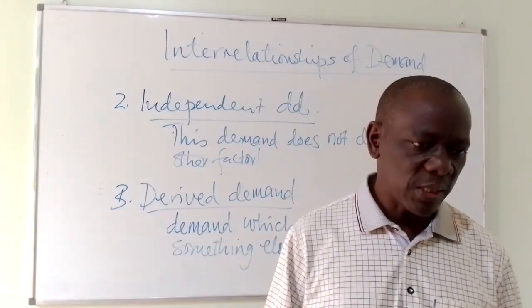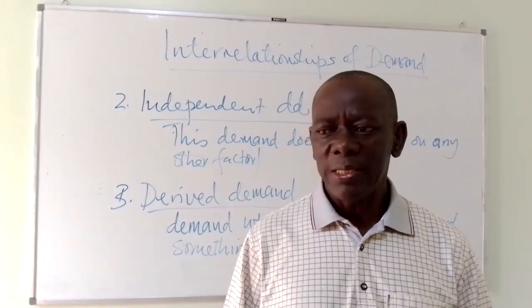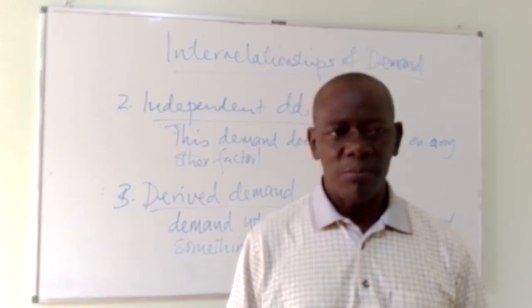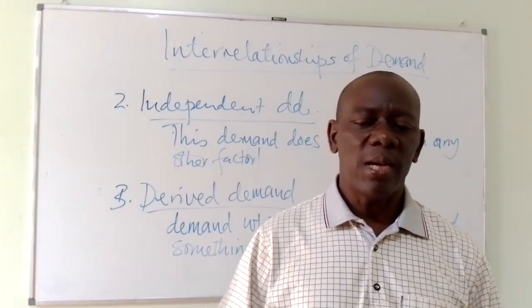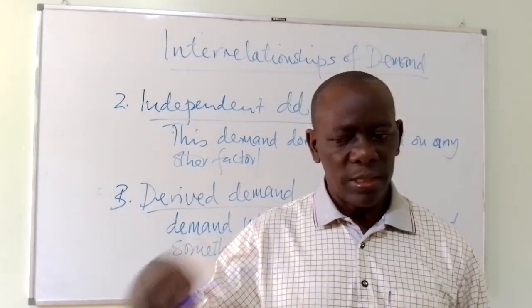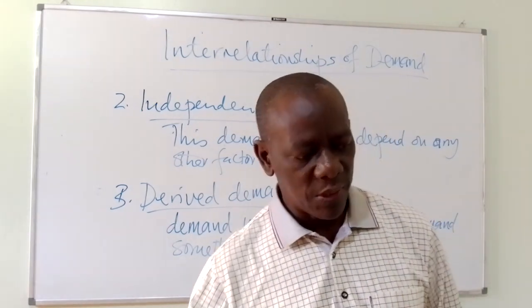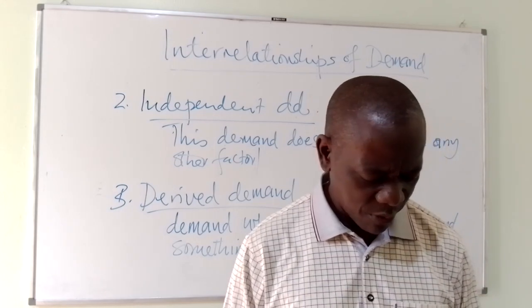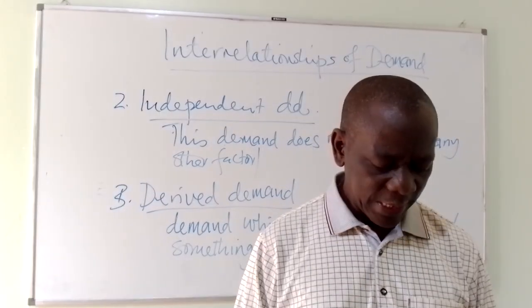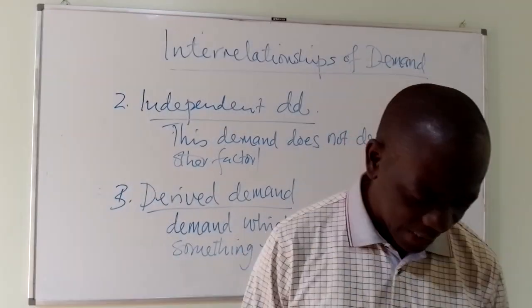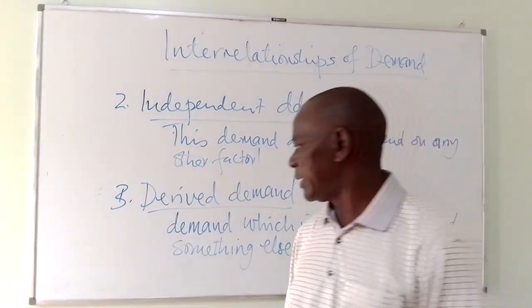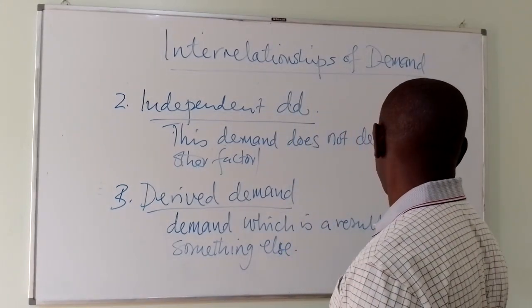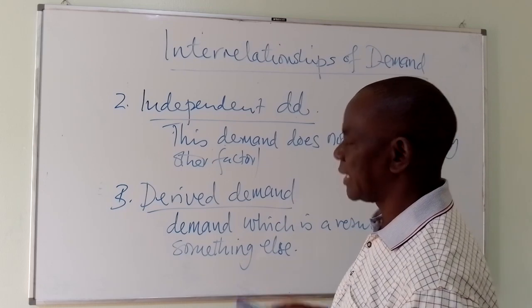So in most cases, in the life we live in, the demand is derived. Many items that we have are derived from initial demands. You begin with this demand, which will lead to a demand for another commodity. So that's what we call derived demand: demand of one commodity which comes as a result of demanding something else.